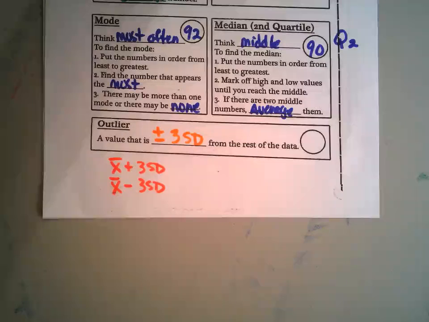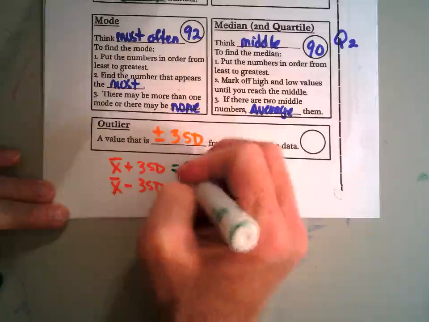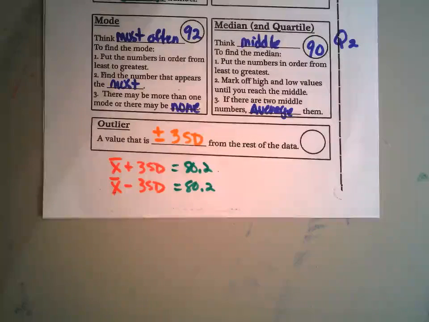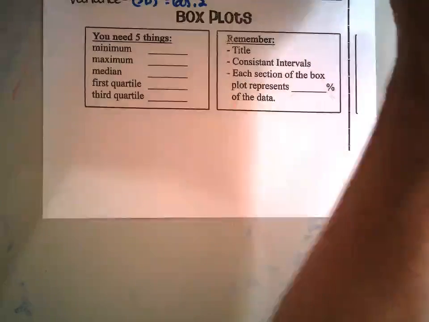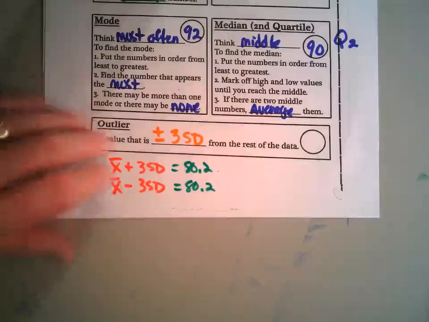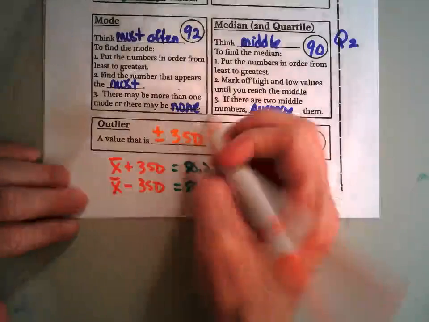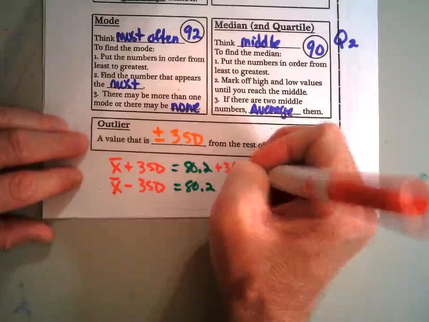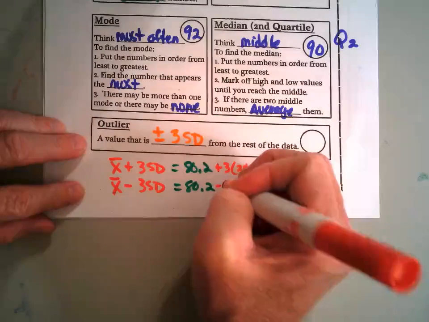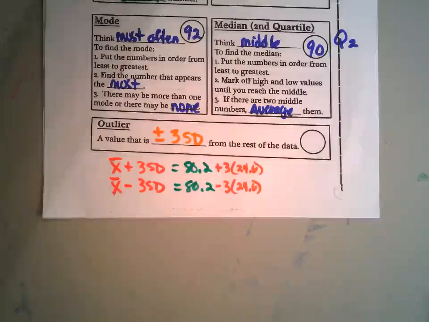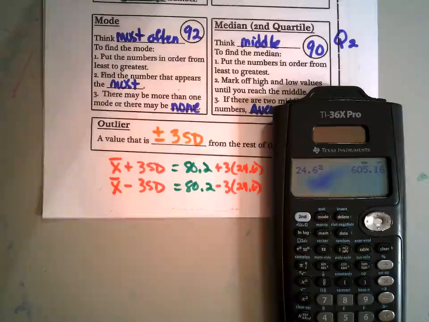Our mean is 80.2 and our standard deviation is 24.6. So I'm going to add 3 times 24.6, and subtract 3 times 24.6, and we're going to get two values. Let's do this calculation real quick.